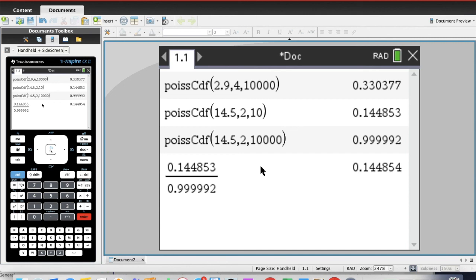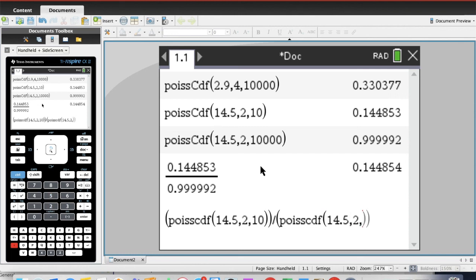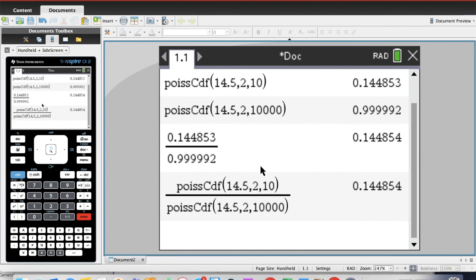Now, if you want, just so that you're learning what the calculator is capable of, you can actually do this. You can go Poisson CDF and type in the 14.5 from 2 to 10, and then divide that right away by Poisson CDF of 14.5 from 2 up to 10,000, and it'll do everything for you at once.